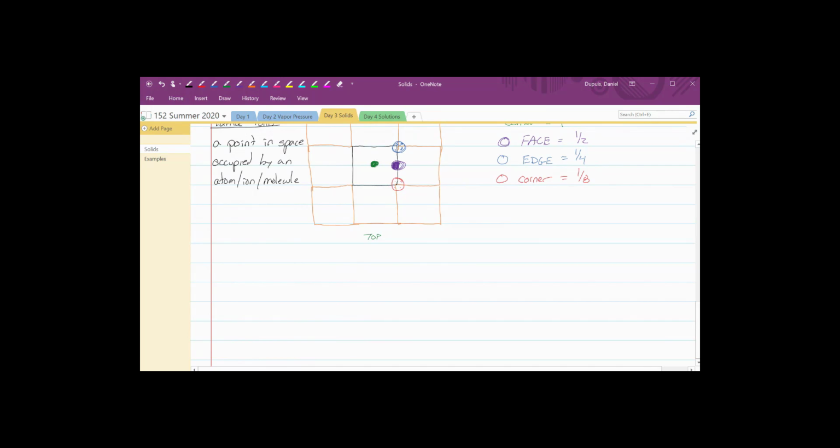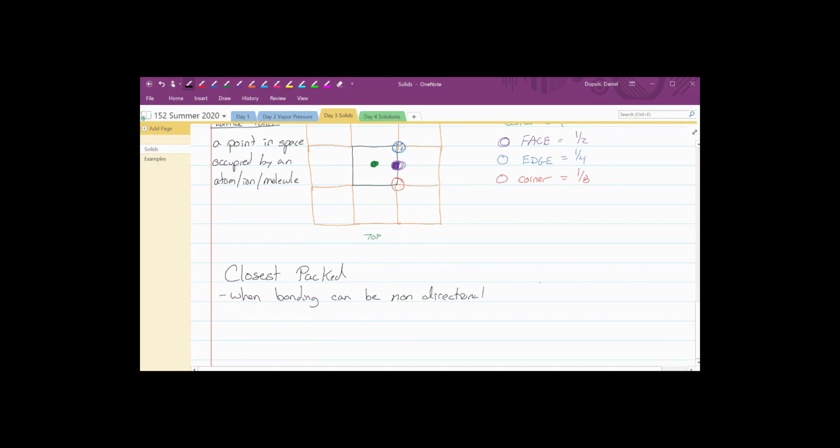All right. So when we talk about packing, your book goes into closest packed. This happens when bonding can be non-directional.